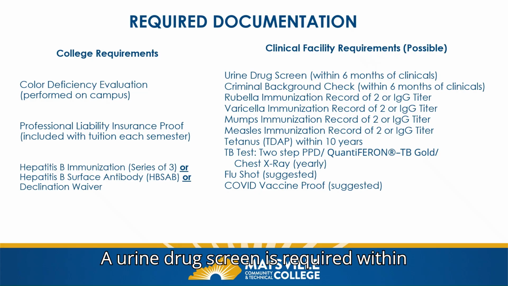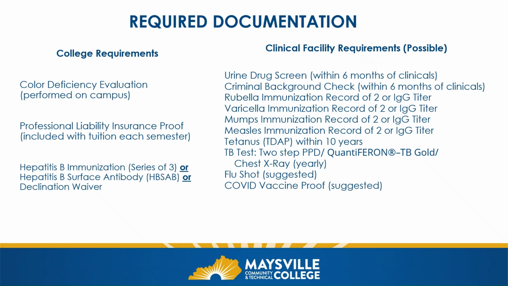A urine drug screen is required within 6 months of clinical rotation, as well as a criminal background check within 6 months of clinical rotation. A record of 2 immunizations or IgG titers drawn for rubella, varicella, mumps, and measles is required. A tetanus that is within 10 years time frame.